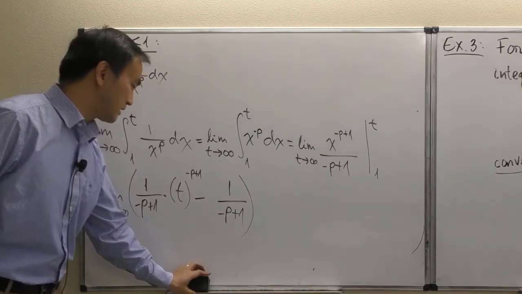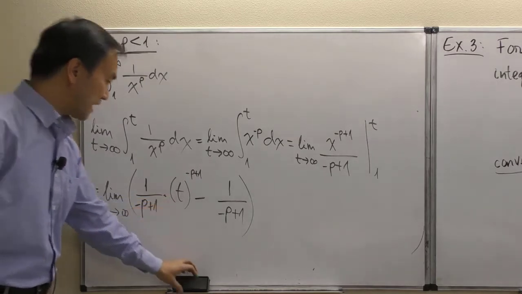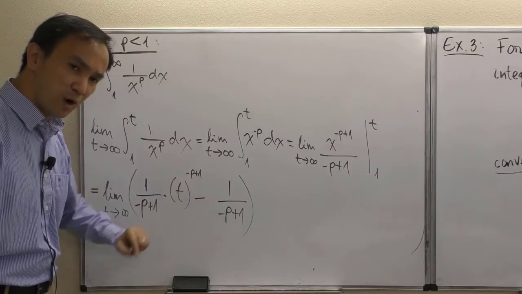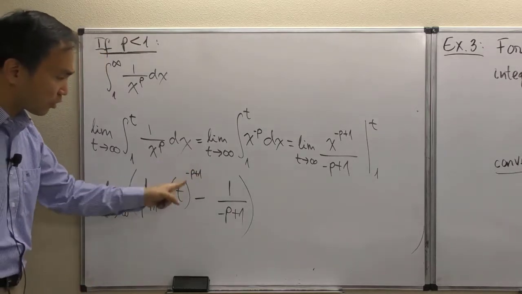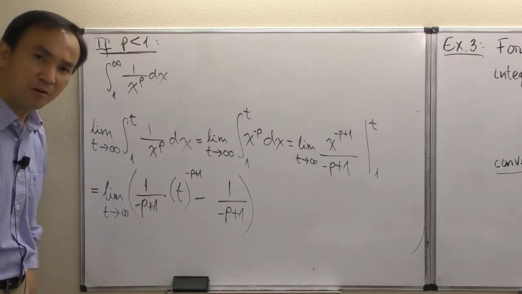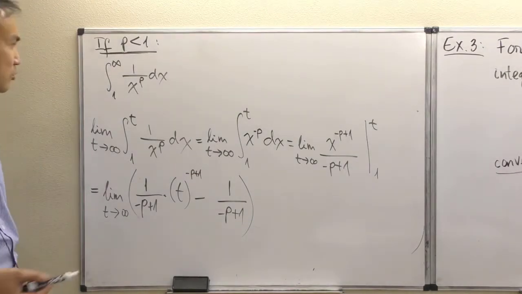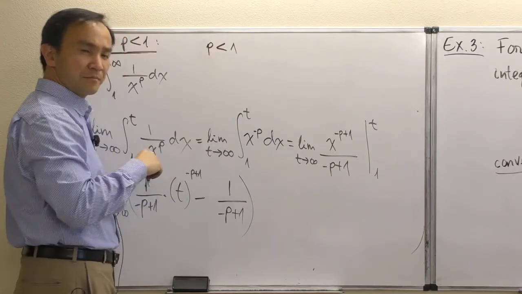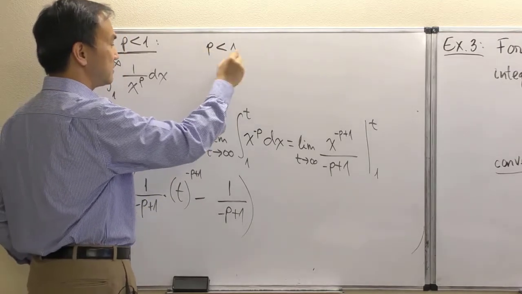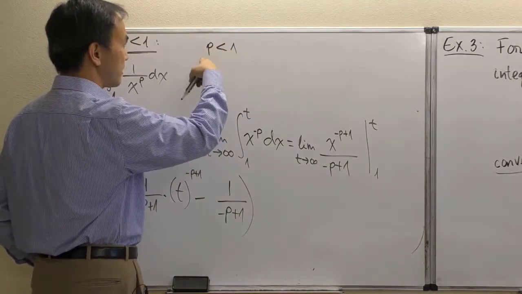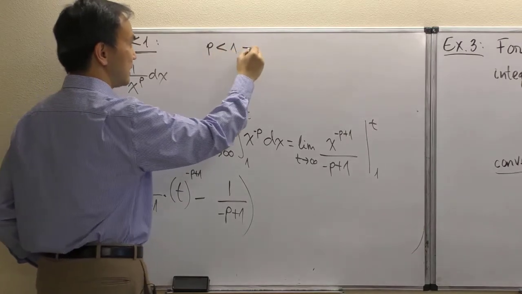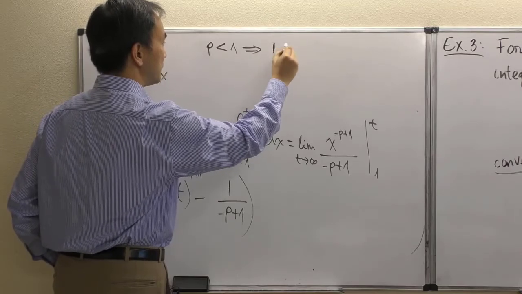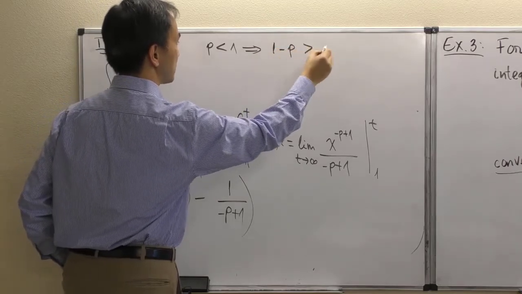Very similar to the earlier step, we have t to the minus p plus 1 power, but let's look a little closer at this power, minus p plus 1. Now p is less than 1. Let's write it this way: I subtract p from both sides, which leads to 1 minus p is greater than 0.